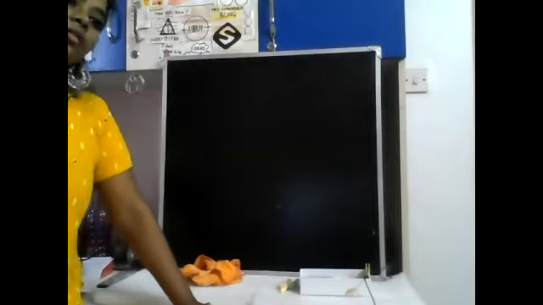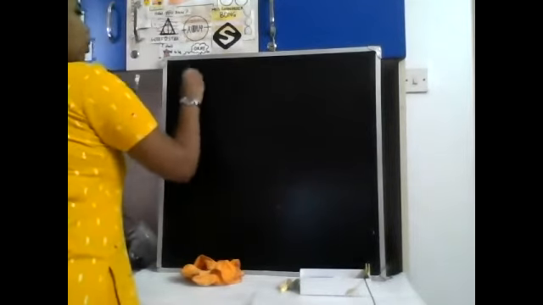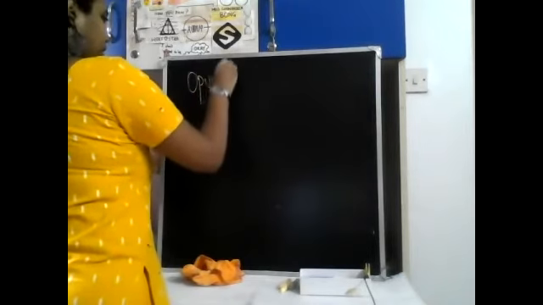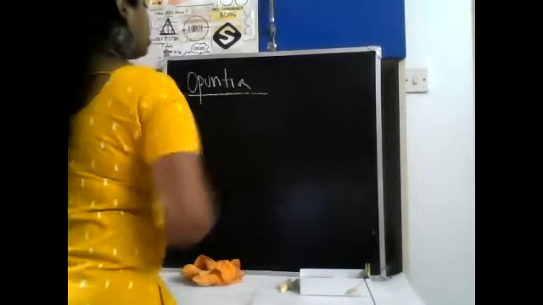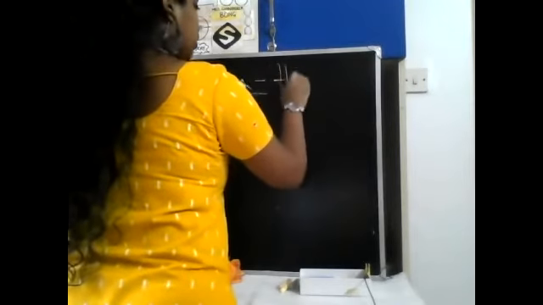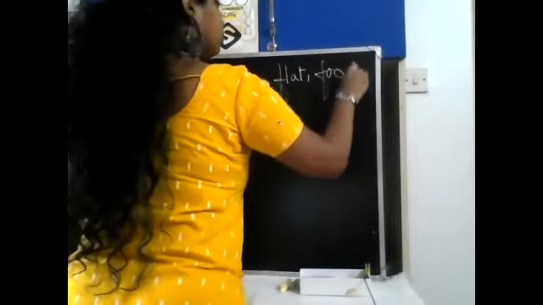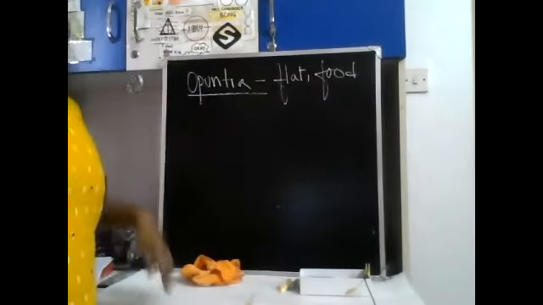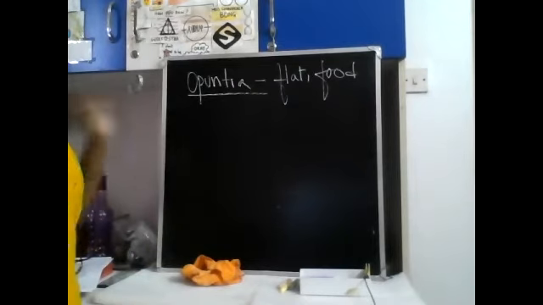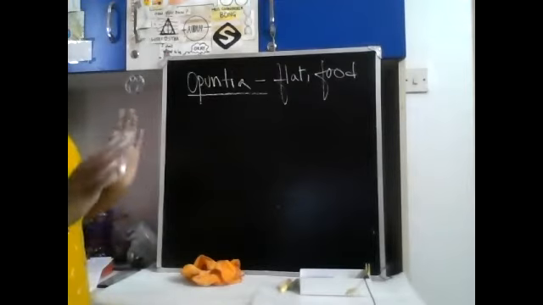There are a few more modifications in stem, but they can be given using examples. There are three of them. One is Opuntia. In Opuntia, the stem is flattened and they make food, meaning they photosynthesize. You can remember it looks like a cactus.